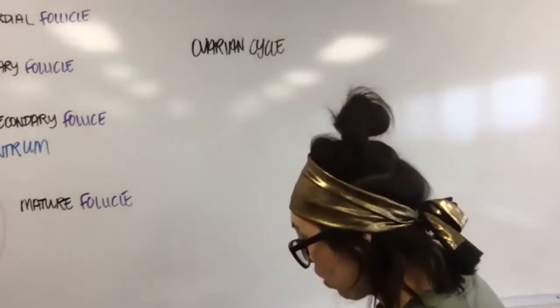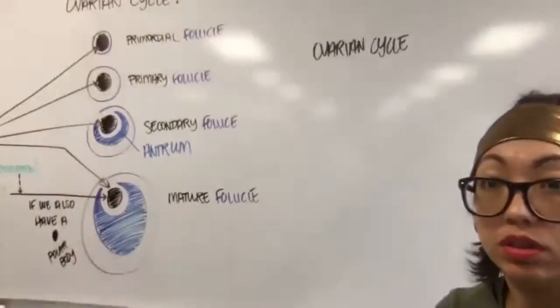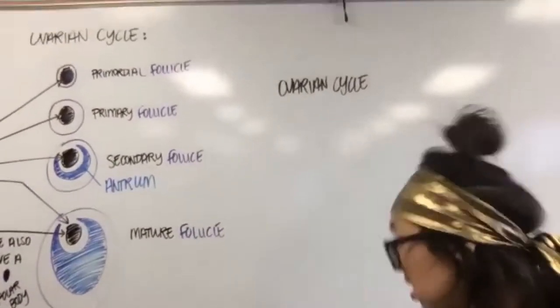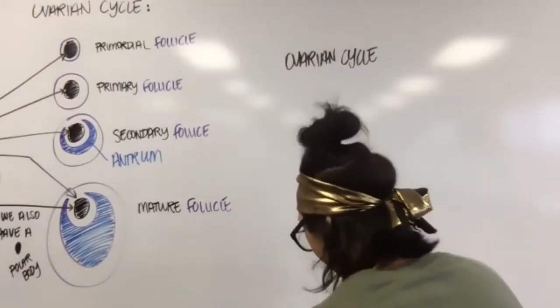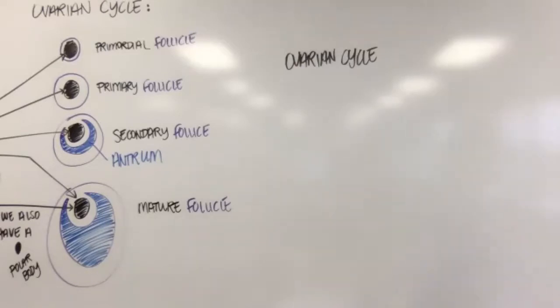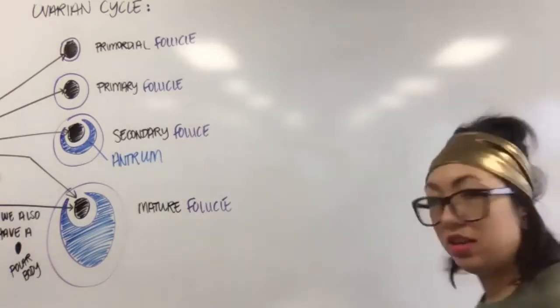So the first one is going to be what? And actually, this would be helpful if you guys could see this. Actually, what am I doing? I'm making this harder on myself. I have almost all the answers written out already.